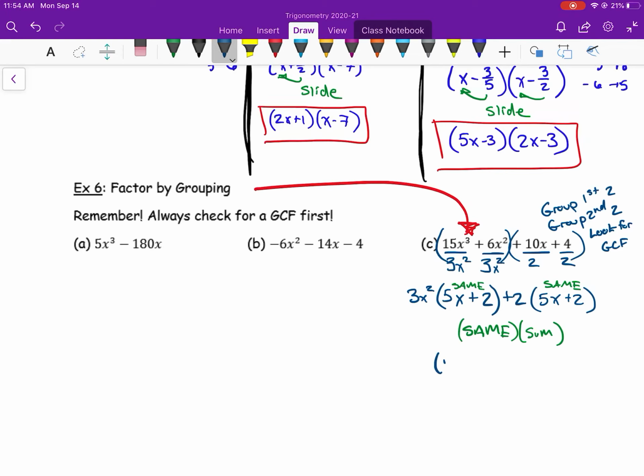So I'm going to get 5x plus 2 times, and then my sum is what's on the outside. So starting left to right would be 3x squared plus 2. So when you got 4 terms and you can group them, hopefully they have a GCF, and if they do, you're going to get same times sum.